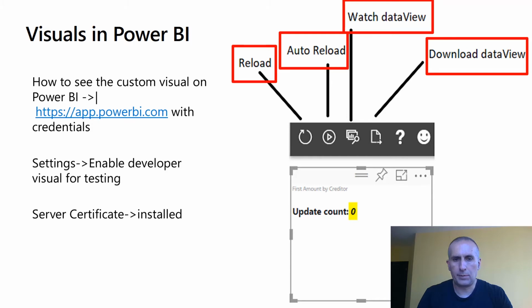And it is also possible to have a visualization of your data in the placeholder, where you see exactly how your data is represented based on the implementation of your custom visual control.